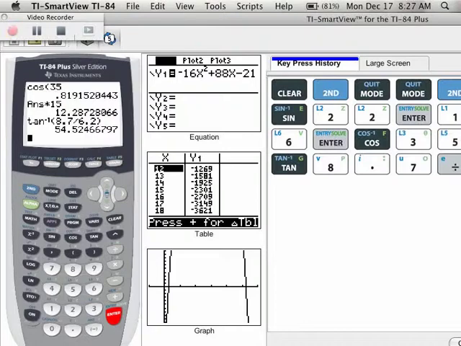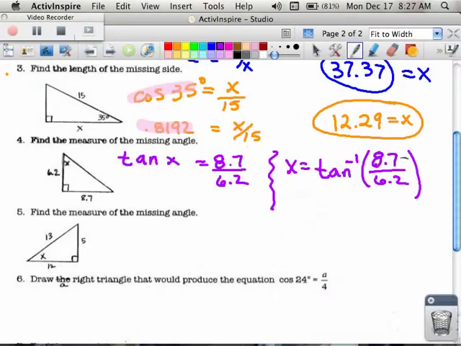And this tells me that my angle is roughly 54.52 degrees. And I put the little degree symbol to indicate that I know I was talking about an angle.